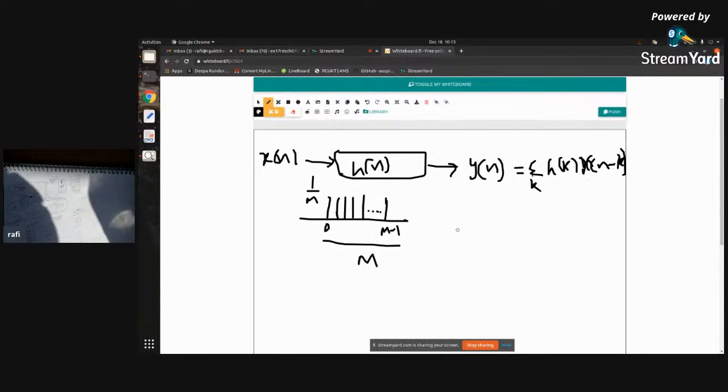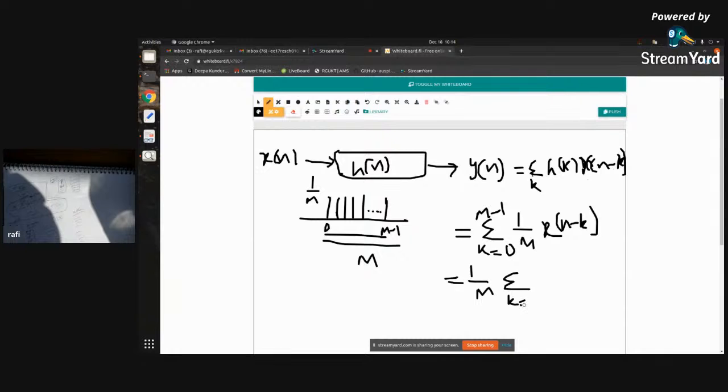When k is equal to 0 to m minus 1, h of k is 1 by m, otherwise it is 0. So you can put 1 by m in the place of h of k, and this is 1 by m times summation k equal to 0 to m minus 1 of x of n minus k.